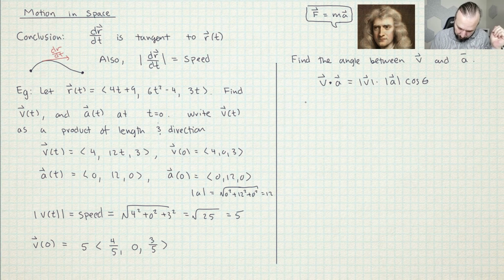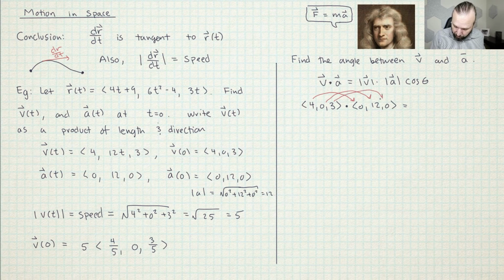So in this problem, v dot a is going to be 4, 0, 3 dot product with 0, 12, 0. So when we do our little sum of the products trick, I'm going to do 4 times 0, 0 times 12, and then 3 times 0. So the dot product of these two vectors is 0.